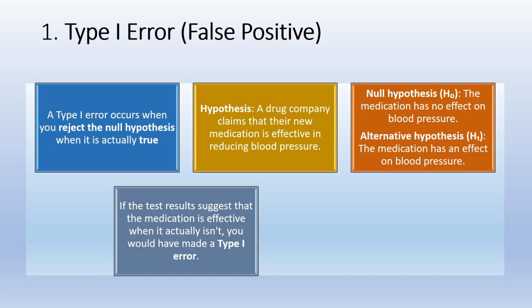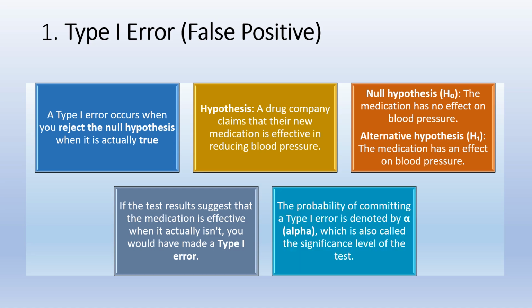If the test result suggests that the medication is effective when it actually isn't, you would have made a type 1 error. The probability of committing a type 1 error is denoted by alpha, which is also called the significance level of the test.